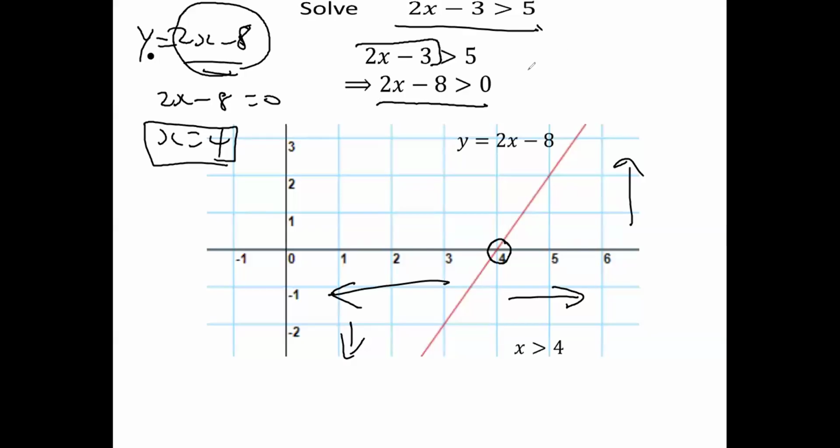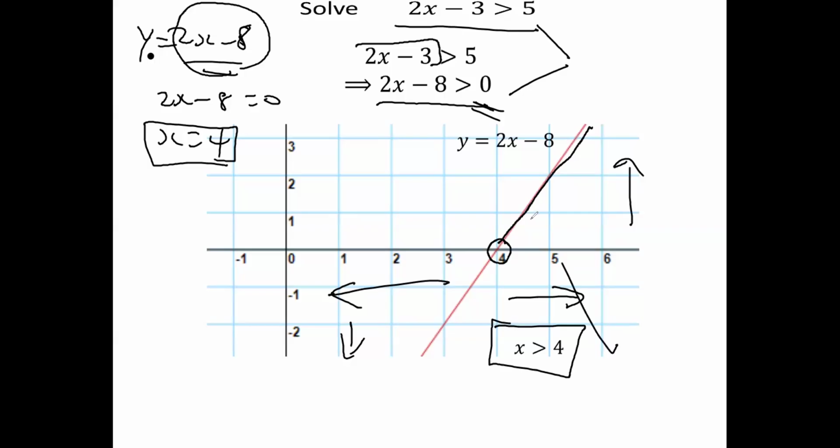It's the same inequality, just written differently, right? And you can see that your solution then is this, x is greater than 4. Because when x is greater than 4, the function goes positive, right? Greater than 0. Positive means greater than 0. So that's your solution here.